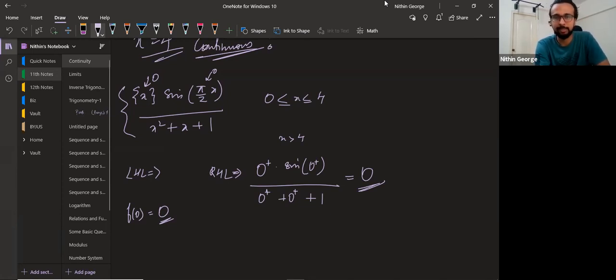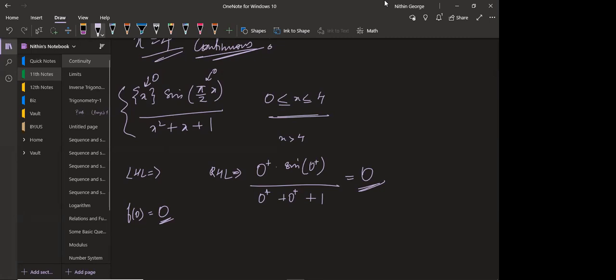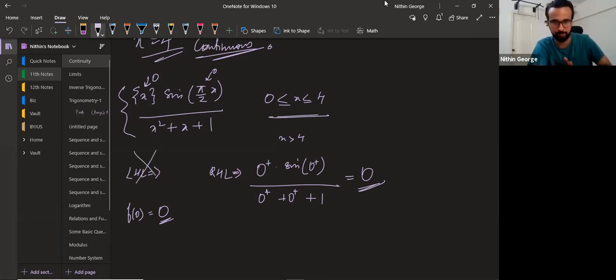What about the LHL? It's not defined here. When x is less than 0, nothing is told to me about how the function will behave. Guys? Yes, sir. So I am not even looking at this. This is my leftmost point, so I'm not even interested in the RHL. This is for x equal to 0.